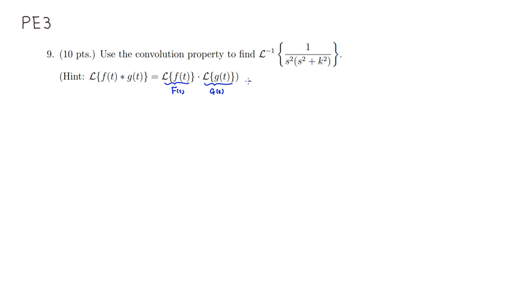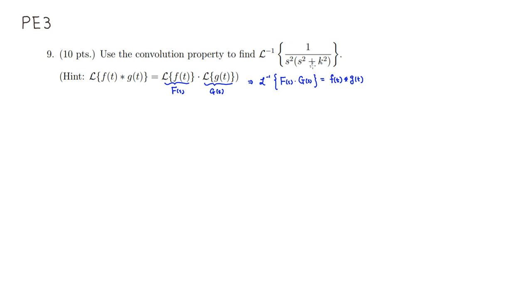So we know that if you take the inverse Laplace transform of the product of capital F of s times capital G of s, you get the convolution between f of t and g of t. Right, so let's do that.